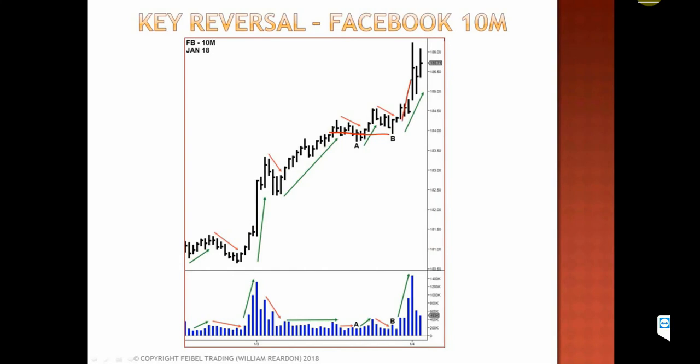This is 10 minutes, so that's 1, 2, 3, 4, 5, 6, 7, 8, so near on an hour and a half that we've been trading sideways. And just before markup, they just push it down, no supply, bang, close firm, let's go higher. Okay, that's all that's doing. And the way that we react with no volume followed by a nice popping volume at B is a beautiful key reversal bar.